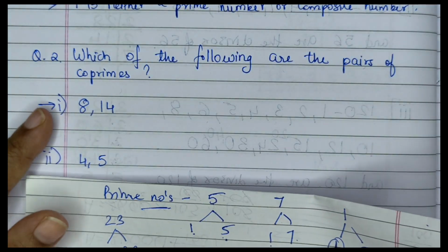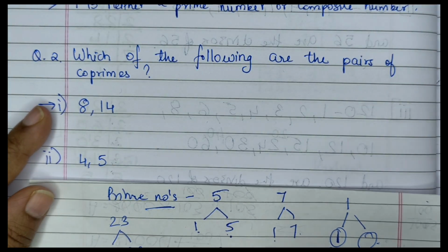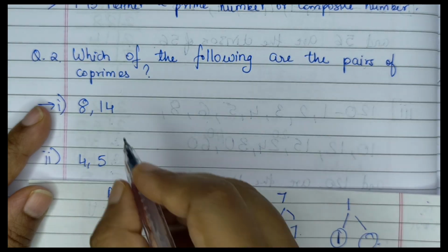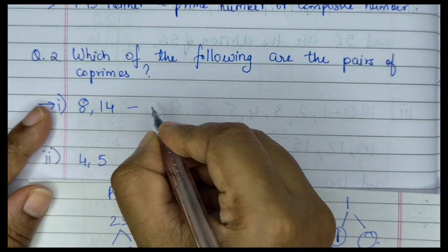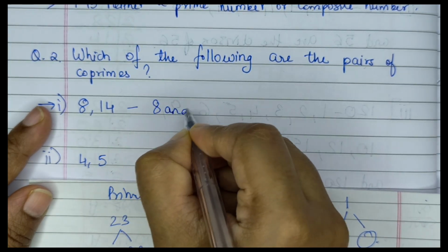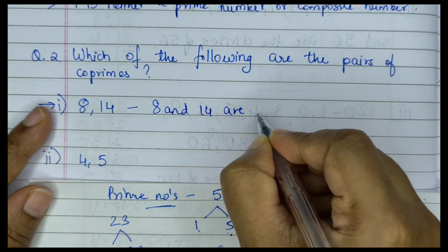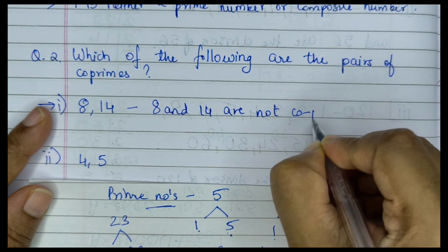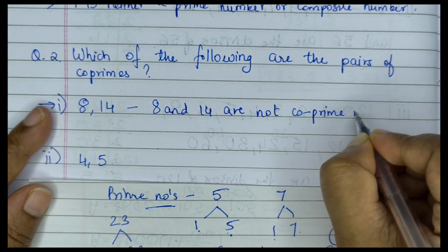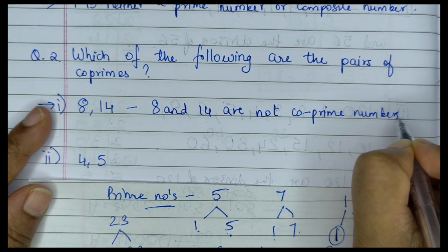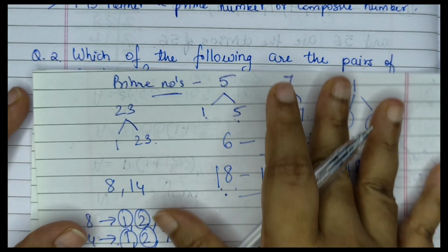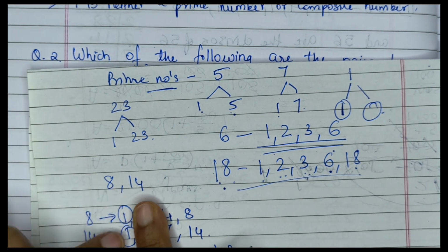So what we will write for the explanation, first you can directly write that 8 and 14 are not coprime numbers. Okay, they are not coprime numbers. If we would get only one common factor, if 1 would be our common factor, then only they would be coprime numbers.